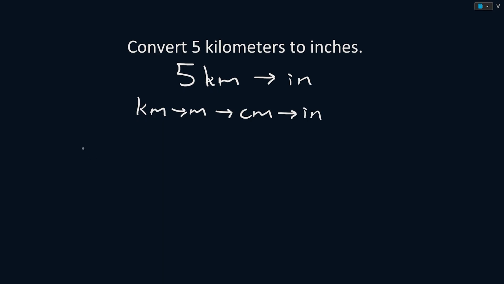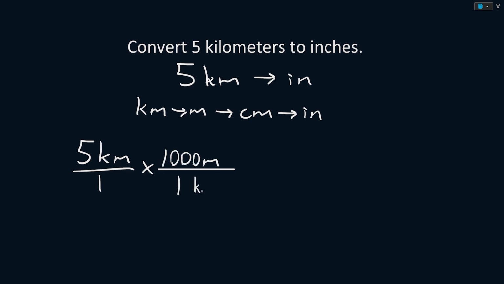So writing out our conversion factor multiplication, we start with our given of 5 kilometers over 1, then we multiply by our unit conversion factor, which cancels out the kilometers and leaves us with meters. We know that 1,000 meters is equivalent to 1 kilometer. Then we can convert from meters to centimeters by multiplying through our conversion factor of 100 centimeters for every 1 meter.